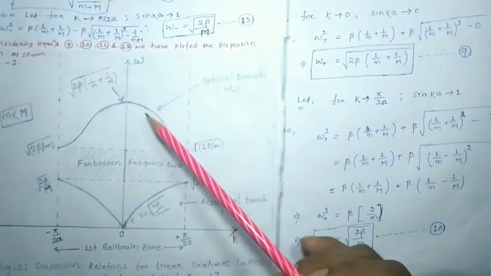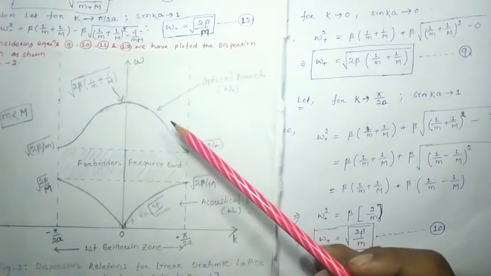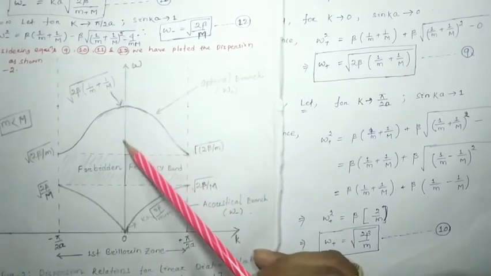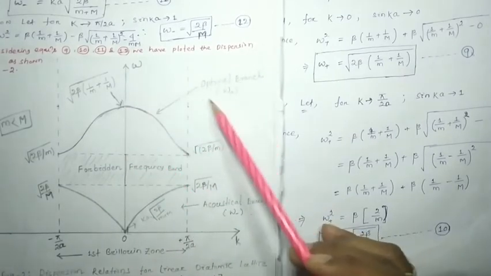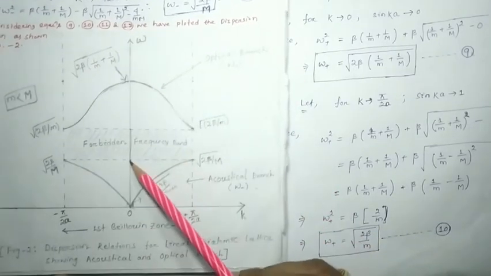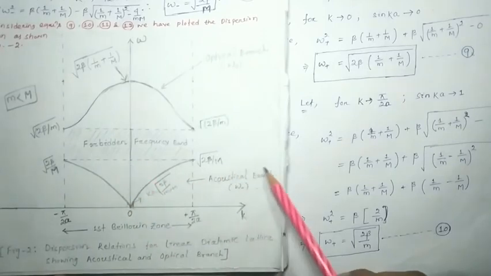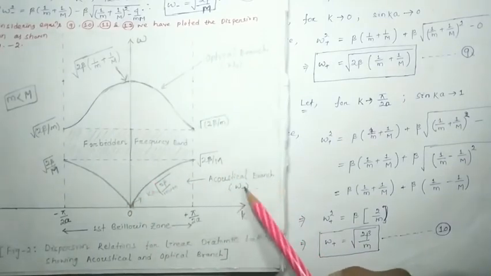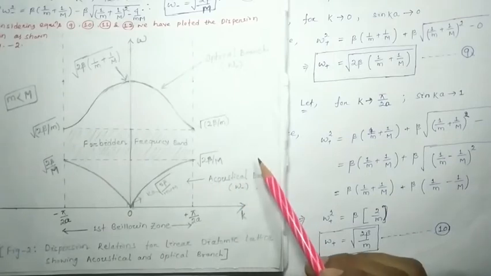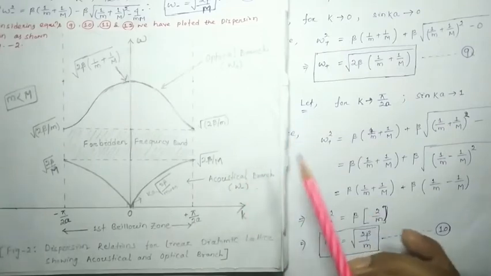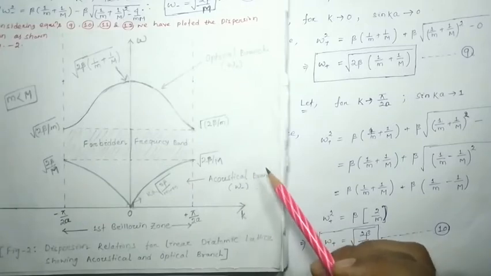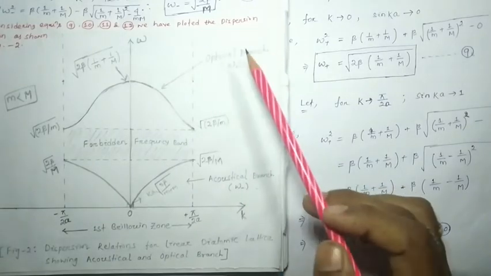It means the diatomic system is vibrating with this frequency. If the diatomic system vibrates with the lower frequency range, it is called the acoustical branch. A small hint: acoustical belongs to sound, and optical belongs to light.